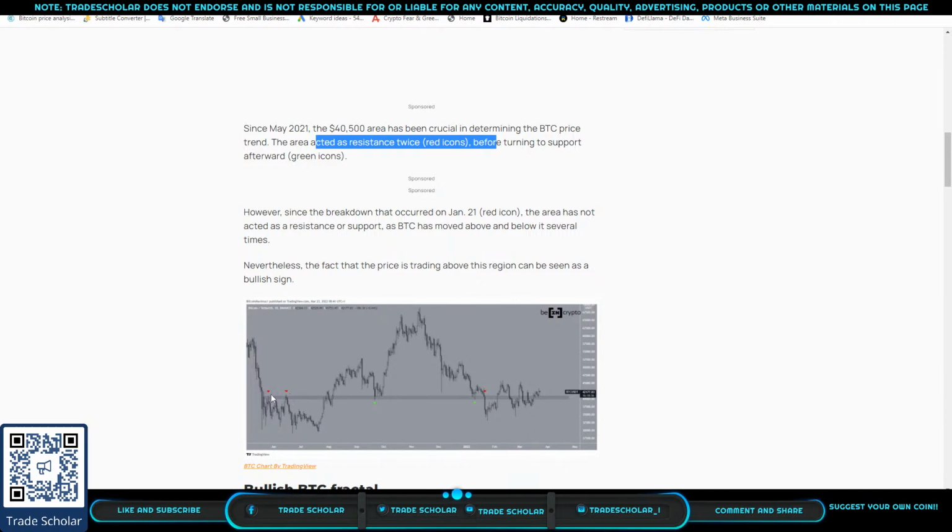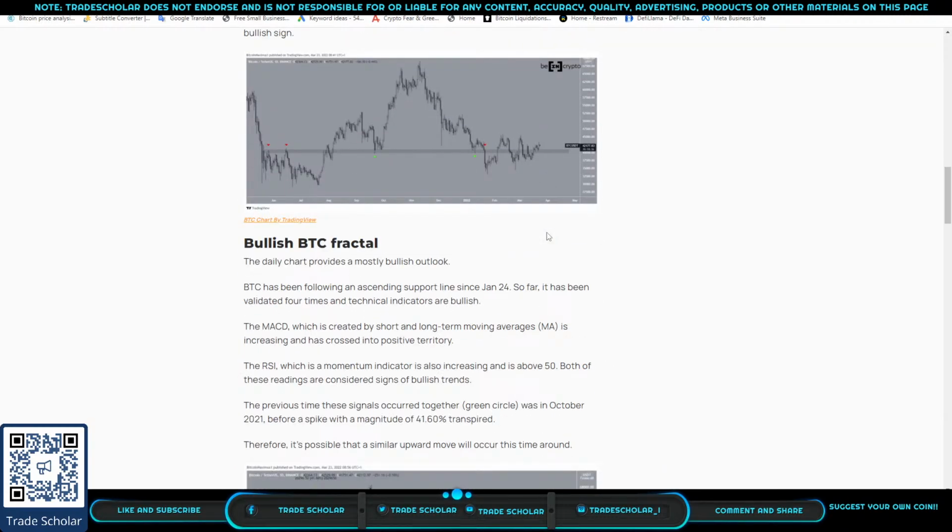So the area with the red icon right here, we have broken this one. The area has not acted as resistance or support as BTC has moved above the low. So we are now breaking this area right here, the 40. This is bullish. Nevertheless, the fact that the price is trading above this region can be seen as a bullish sign. Bullish BTC fractal. The daily chart provides a mostly bullish outlook.